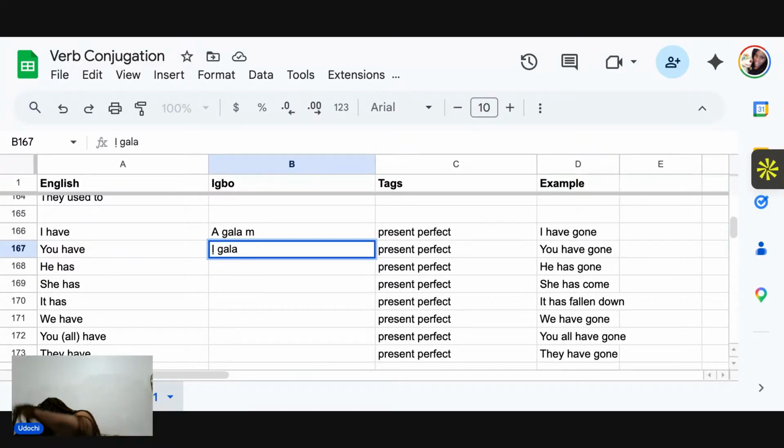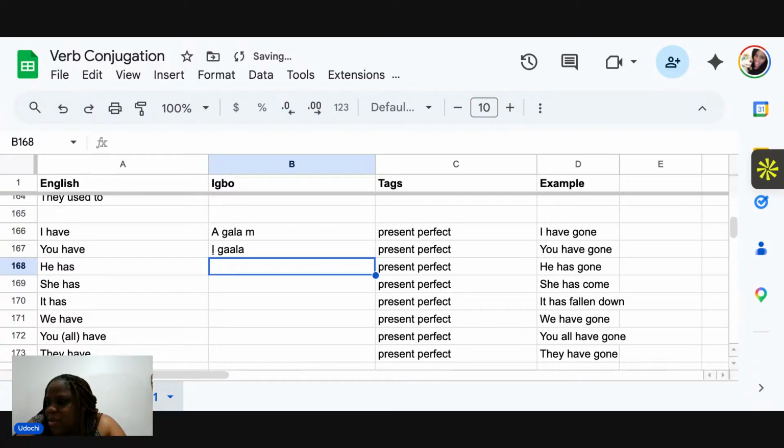Wait a minute. Abiala, about time. Abiala, agalam, Igala. You have gone, Igala. Is it Gala or Gala? I think it's two A's.